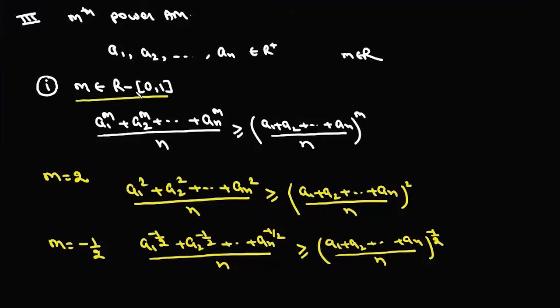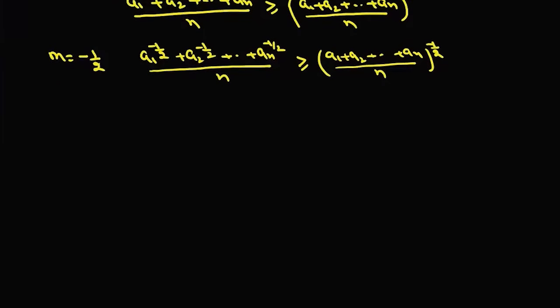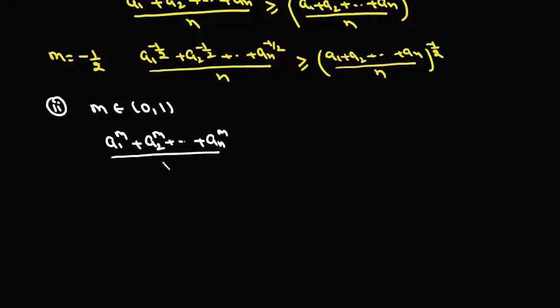Now we have the second case when m lies between 0 and 1. In that case the sign of the inequality reverses. So simply we can write (a1 to the power m plus a2 to the power m up to an to the power m) whole divided by n will be less than or equal to (a1 plus a2 up to an) upon n whole to the power m.